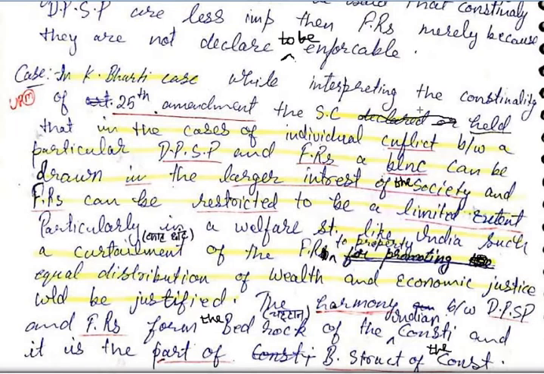While interpreting the constitutionality of the 25th Amendment, the Supreme Court held that in cases of individual conflict between a particular DPSP and a fundamental right, a balance can be drawn in the larger interest of the society, and fundamental rights can be restricted to a limited extent.